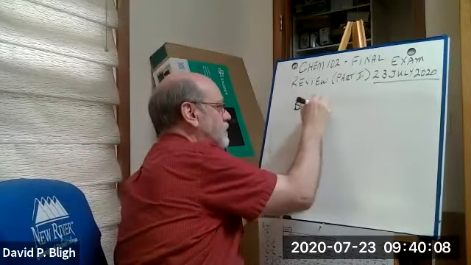How about this one? Can we form a buffer from that? Yes, we can. Only in this case, which side is the weak acid?